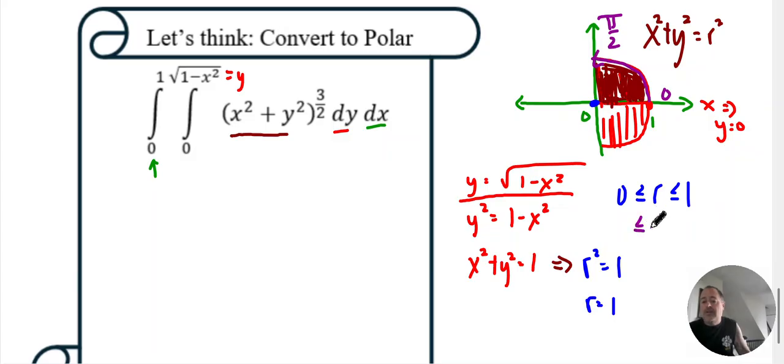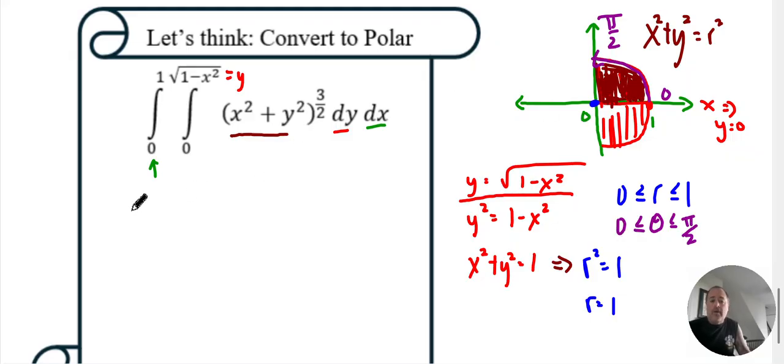So theta is going to be from 0 to pi over 2. Notice that we're able to take something more complicated and rewrite it in terms of constants.